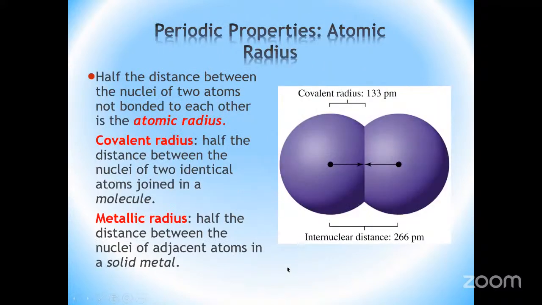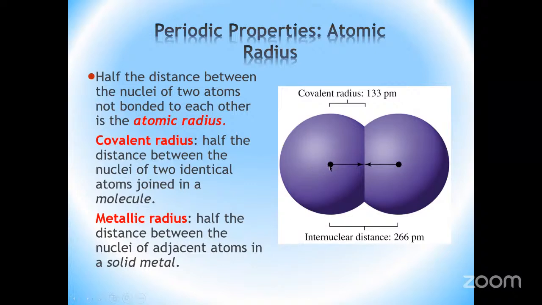Now, the first property that we're going to discuss is what is known as the atomic radius, right? And there are a couple of ways of defining what the atomic radius is depending on the particular element. Now, if one atom of the element is bonded to another atom of the element to form a diatomic molecule, then the radius is defined as the covalent radius, which is half the distance between the two nuclei, right?